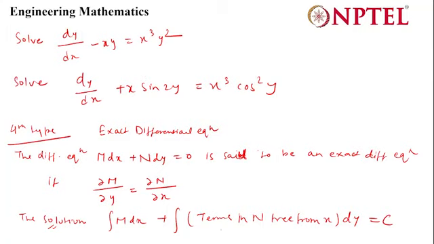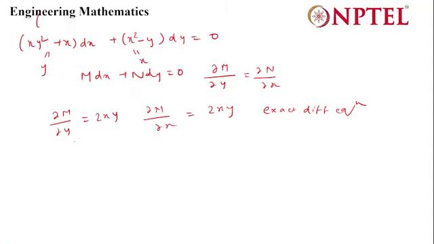The integration of M dx plus the integration of terms in N free from x dy is equal to c. So the integration of M dx will be (xy square plus x) dx plus the integration of terms in N which are free from x. So we will take just this term. Ma'am, del N should be 2x, right?